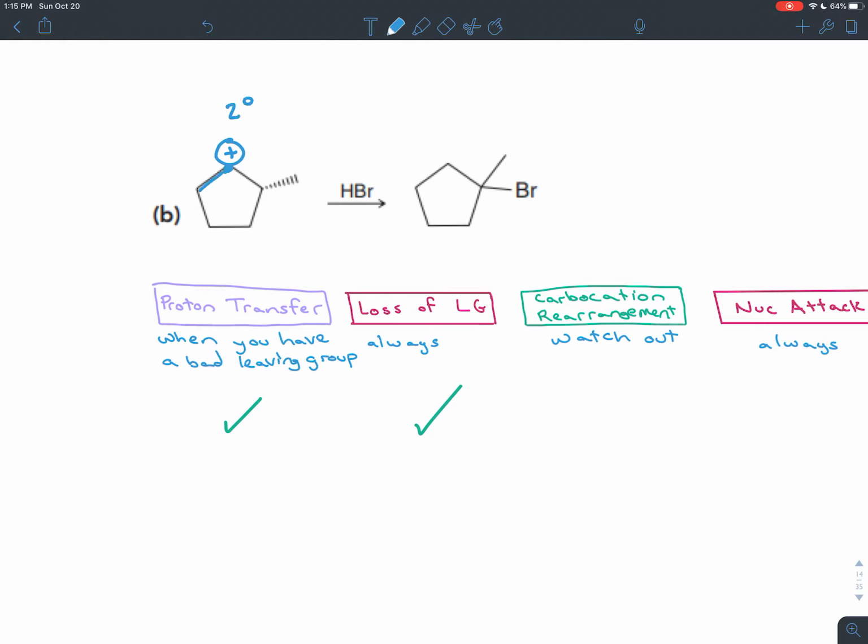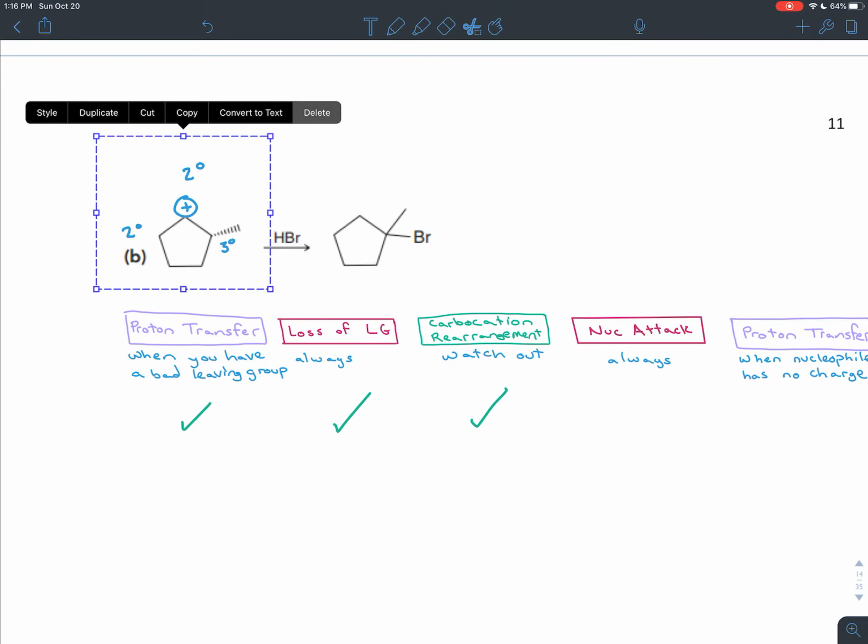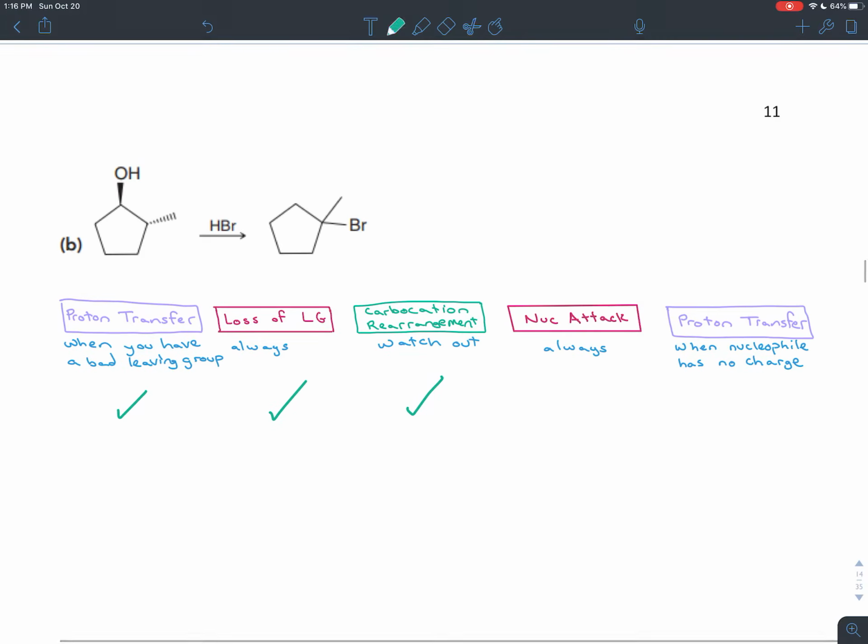Now this is a secondary carbocation because this is bonded to 2 carbons. Next door is also a secondary carbocation. That carbon is bonded to 2 carbons, so that would be a secondary carbocation. So there's no reason for it to go there. But to the right, this is bonded to 1, 2, 3 carbons. So if the carbocation went there, it would be more stable. It would be tertiary. So because there's a more stable place nearby, we will have this carbocation rearrangement. Okay, we'll revisit that when we draw the mechanism.